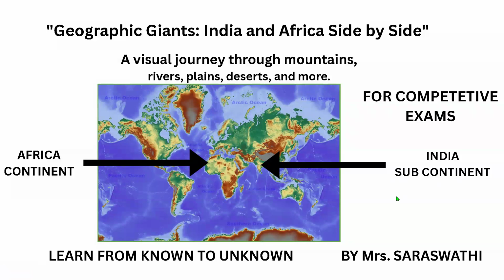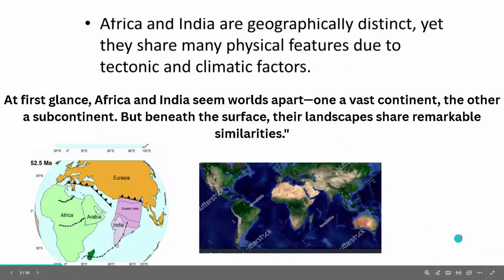Now let us compare India, the subcontinent, with Africa, the continent. So from known to unknown, when you compare and learn, that will be very easy and you can study easily. Now let us see here.